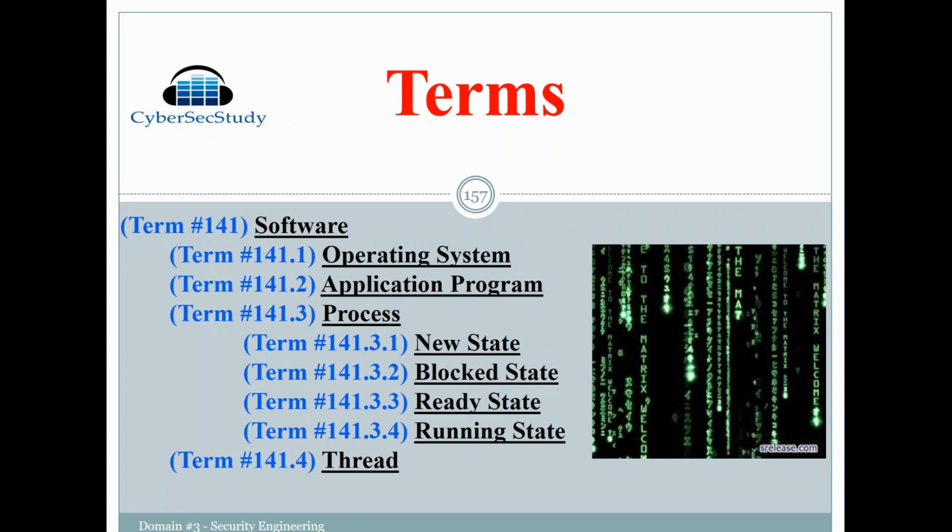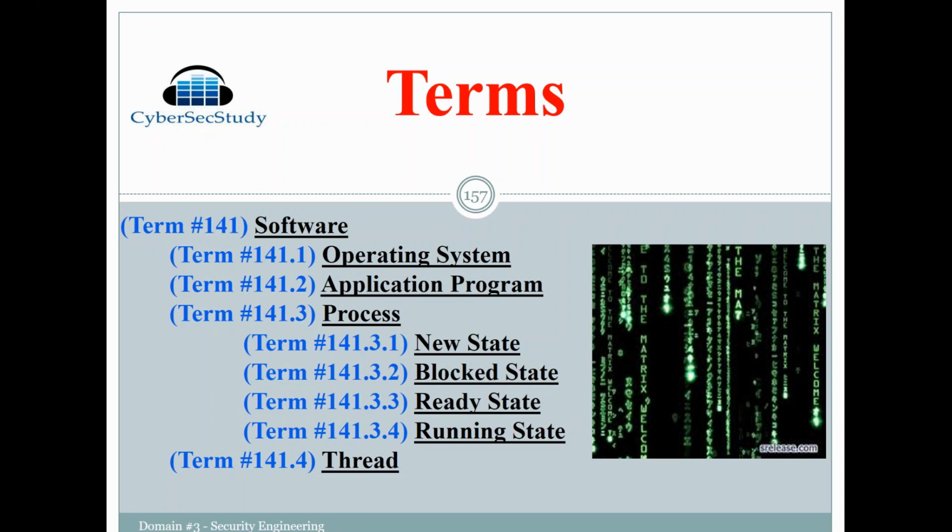And I always use the phrase blockhead. A process is in a block state when it's waiting for a blockhead to provide input. A process is in a ready state when it's waiting to send instructions to the CPU. So it's loaded into memory, it's ready, and it's waiting to send instructions to the CPU. And then a process is in a running state while the CPU is executing those instructions.